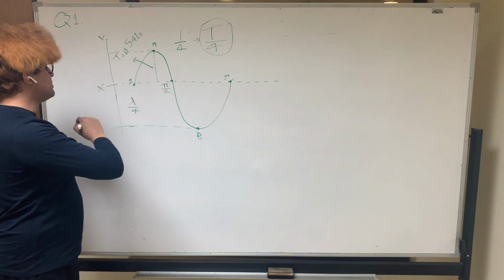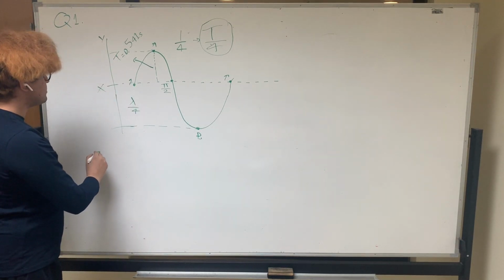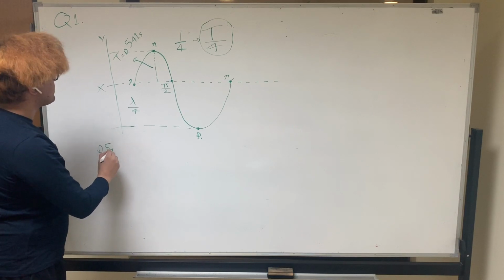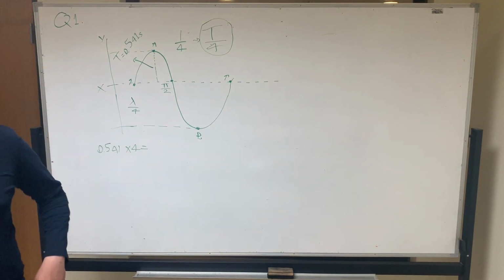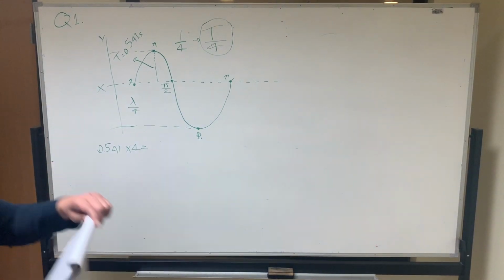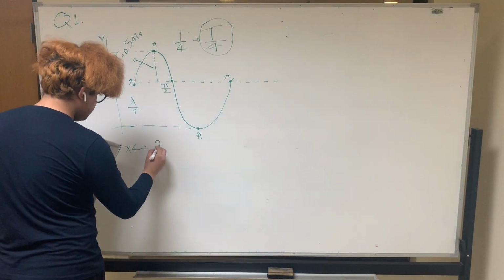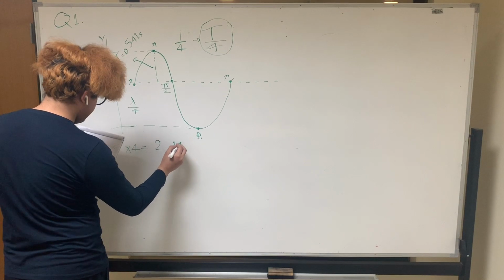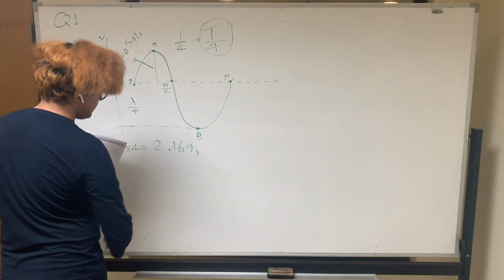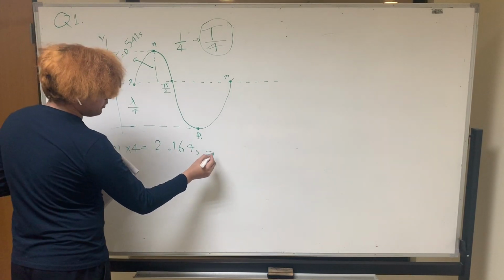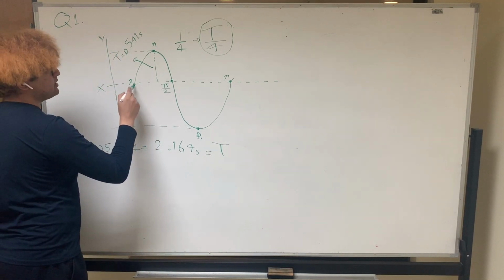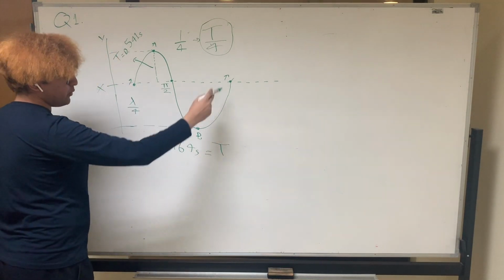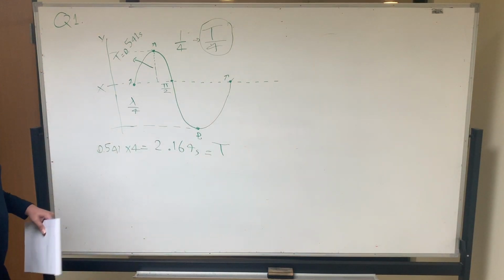So just multiply this number by 4: 0.541 times 4 is 2.164 seconds, and that is equivalent to the period. The period is the time for a particle to make a complete wave or a complete cycle.